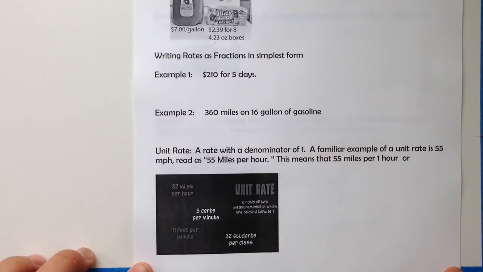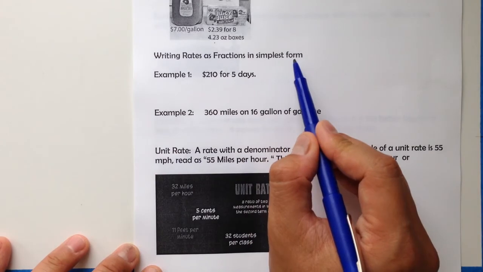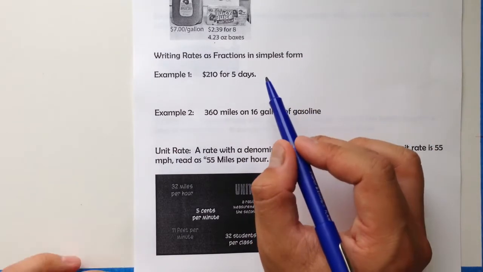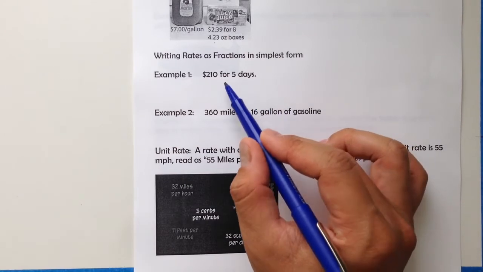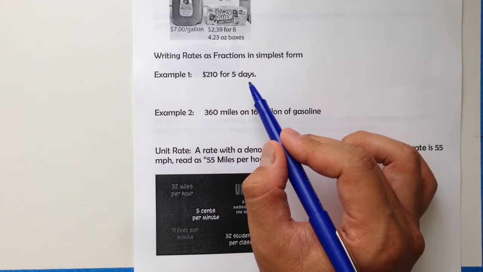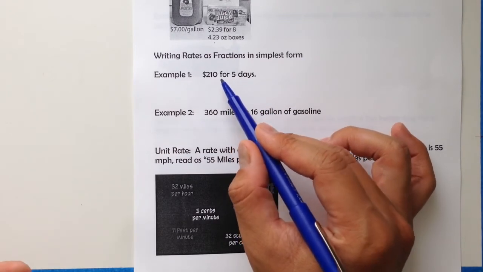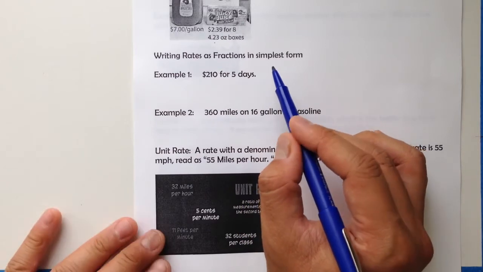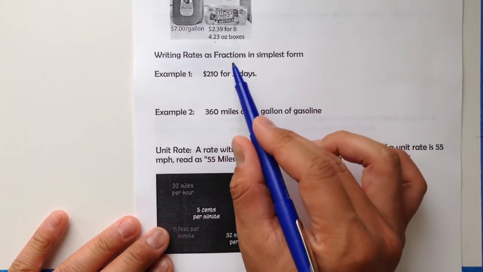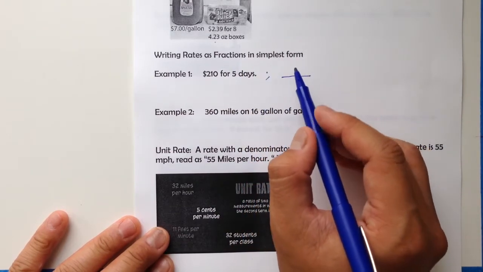Our goal is to reduce a rate, to write a rate as the simplest fraction, simplest form. So consider our first example, $210 for 5 days. In other words, if you stay in a hotel for 5 days, you could spend $210. To reduce this rate into the simplest form, we first write the rate as a fraction.